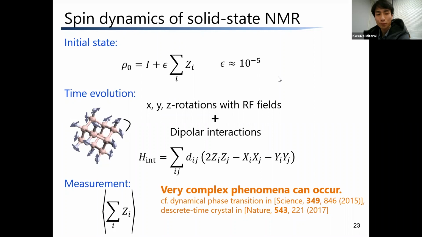So I don't think you can even do that in this solid state NMR experiment, but I think you can do that in liquid state NMR or other experimental platforms. So yeah, I think that is the case.